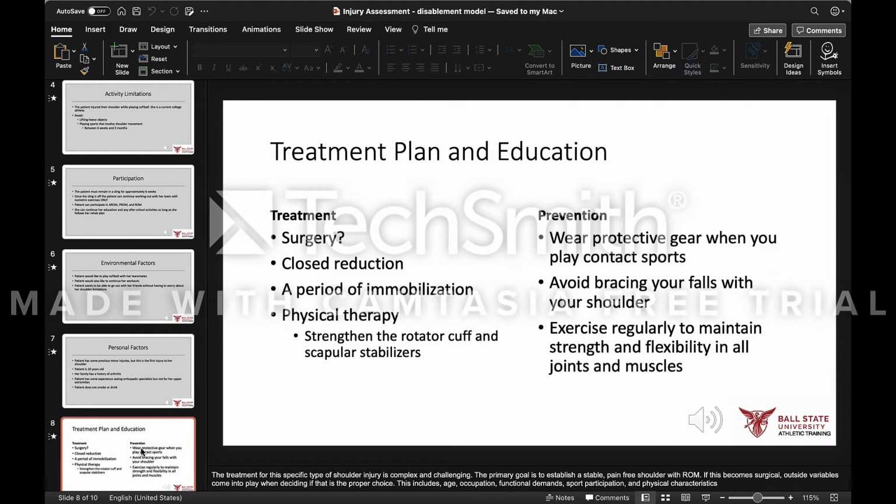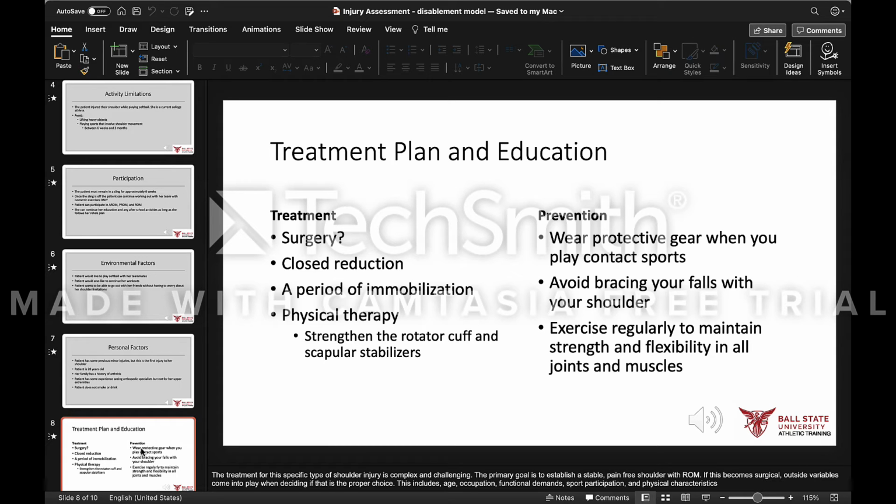For a treatment plan, I put a question mark after surgery because this is specific to the type of shoulder injury, and it is complex and challenging when determining if surgery is necessary or not. Regardless, the primary goal is to establish a stable, pain-free shoulder with active range of motion. So if this becomes surgical, there are outside variables that contribute to this.